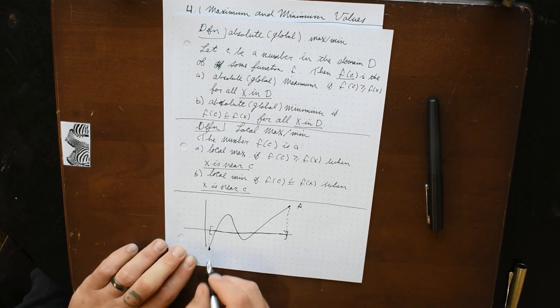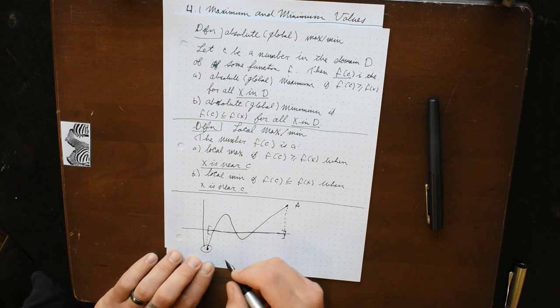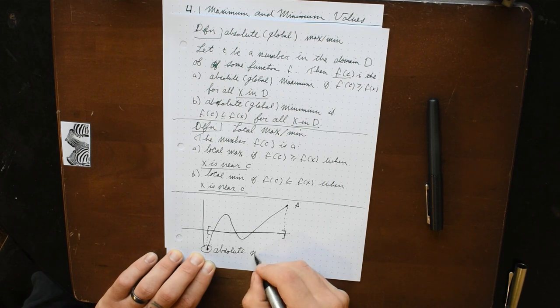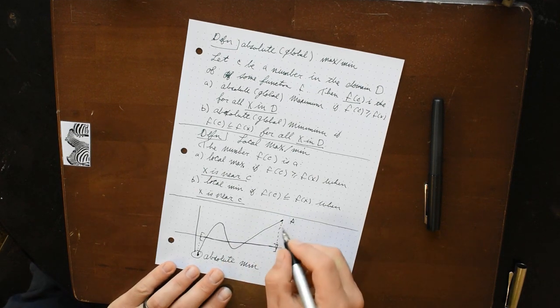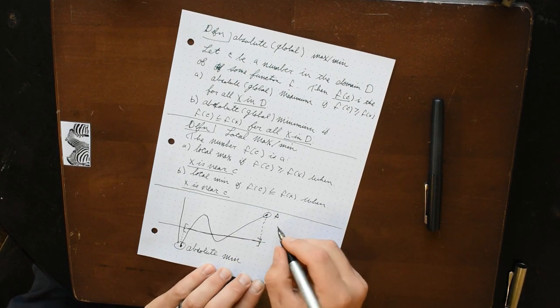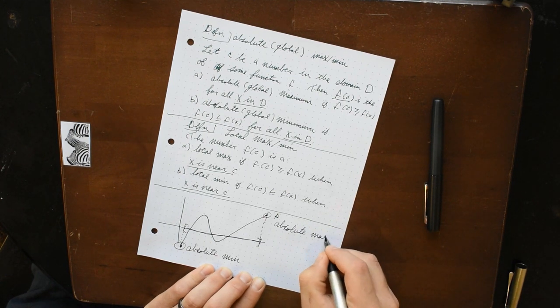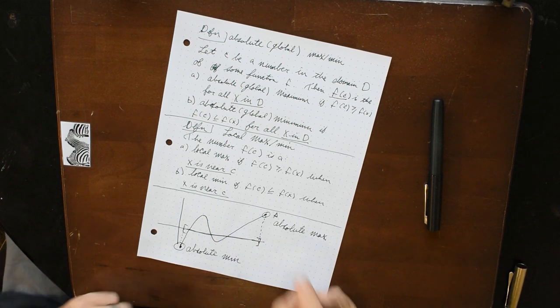And right here, this is the lowest value. It has the lowest y value. This is our absolute min. And the tallest value, the highest value, is our absolute max. Or global min and global max.